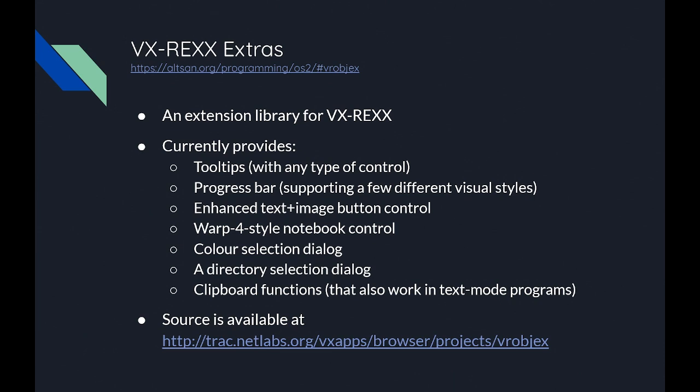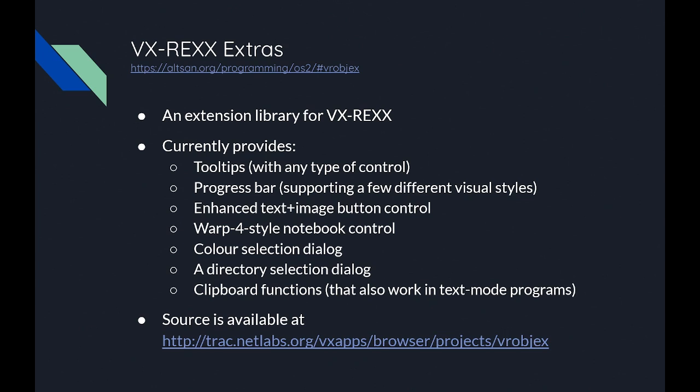So I added tooltip support because a nice GUI should have tooltips. I added a decent progress bar, a better button with better support for images and text combined on them, a Warp 4 style notebook control, which was something that a lot of us who had been using VxREXX before were really wanting for a long time, and then some useful functions to bring up different types of dialogues.